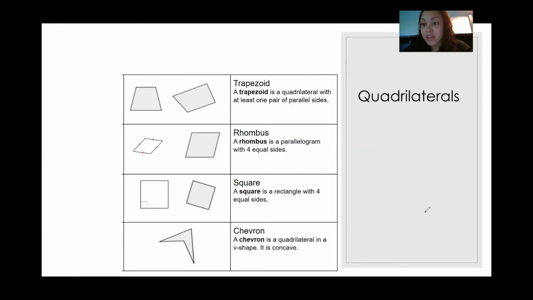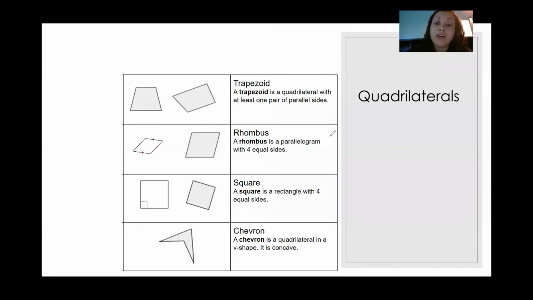Again, some of these meet several categories, right? As we saw, the rectangle was considered a parallelogram and a quadrilateral. So maybe not today, but maybe in the next class, we'll talk about how that looks in terms of putting things into different categories and how many categories different shapes fit into. So a rhombus, again, is a parallelogram with four equal sides.